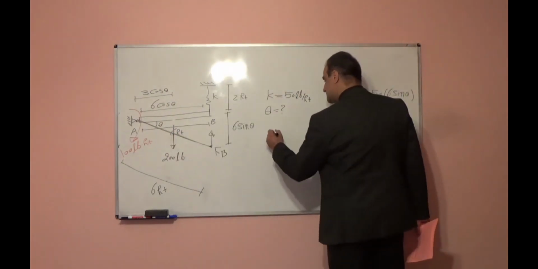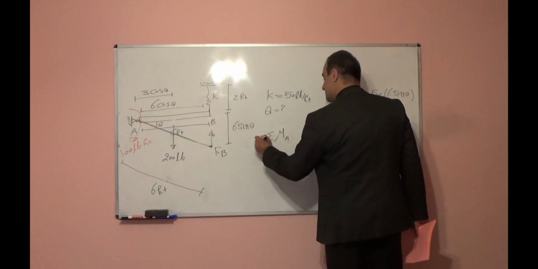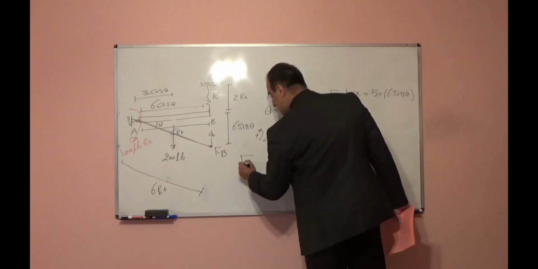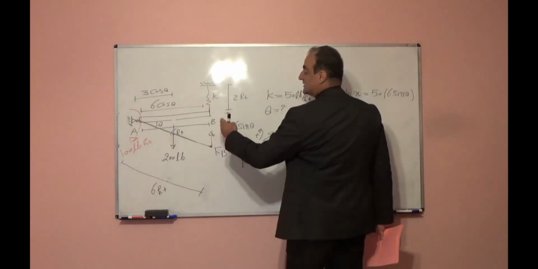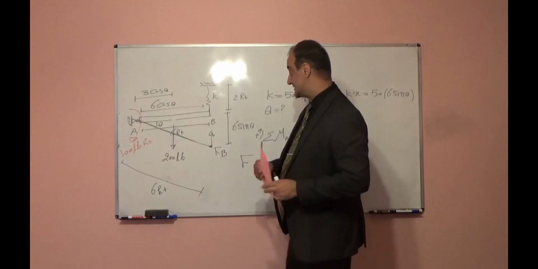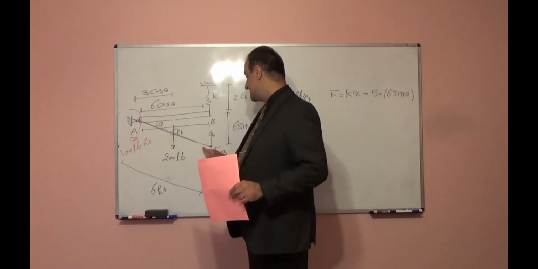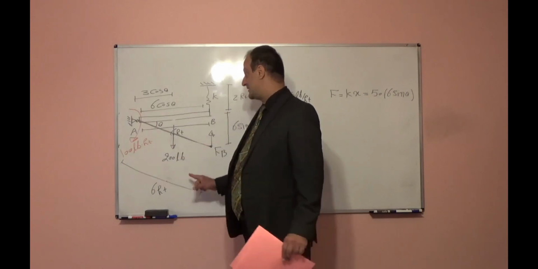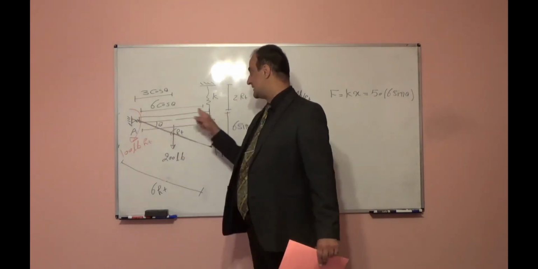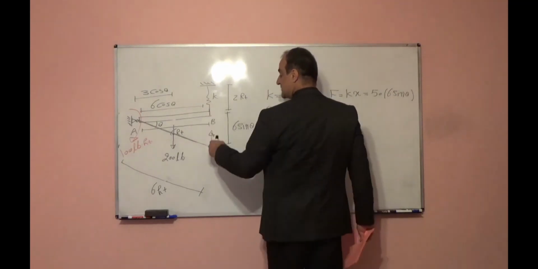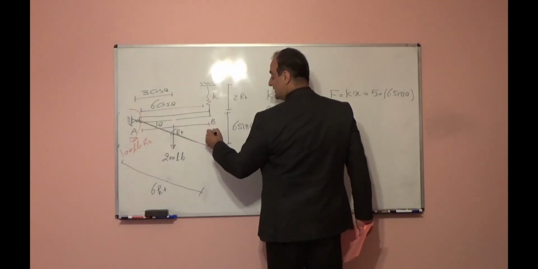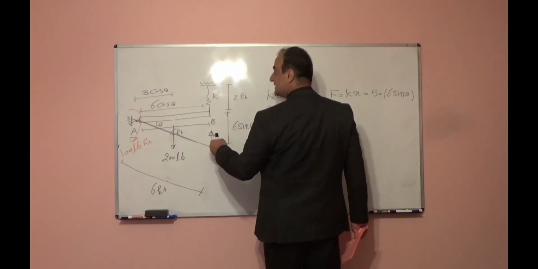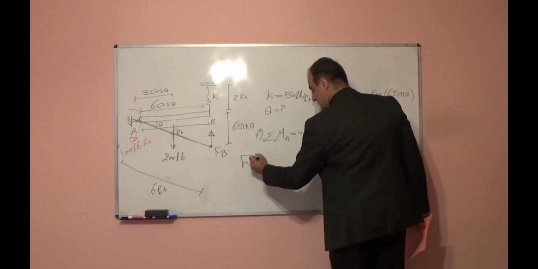So if I write summation of moment with respect to point A equal to 0, I can write F, the force inside of the spring, times distance. Which distance? This inclined distance is not perpendicular to the load, that is 6 feet. But this horizontal distance is perpendicular to the direction of the force. That will be the arm for creating moment. So F_B times 6 cosine theta.